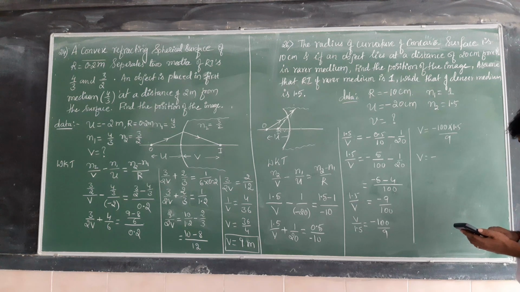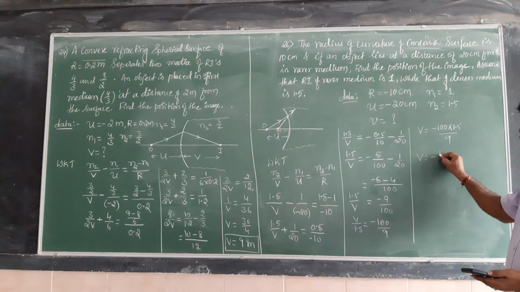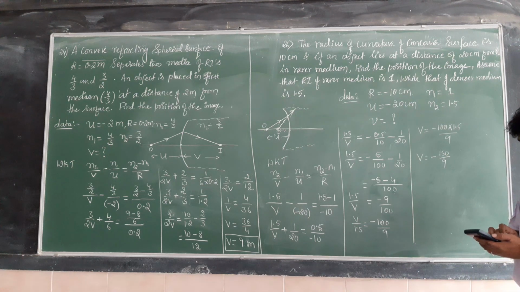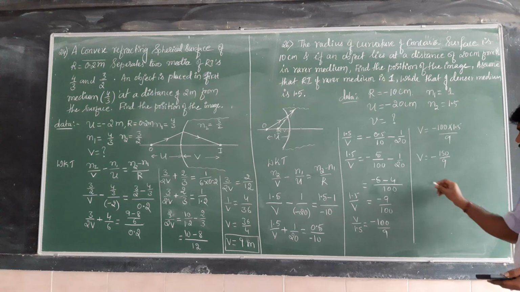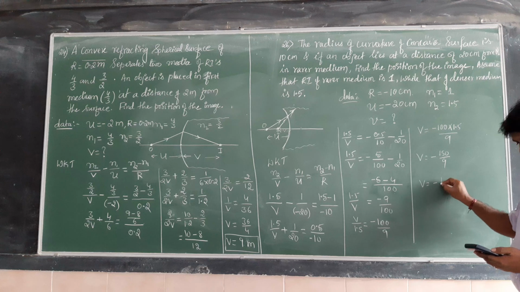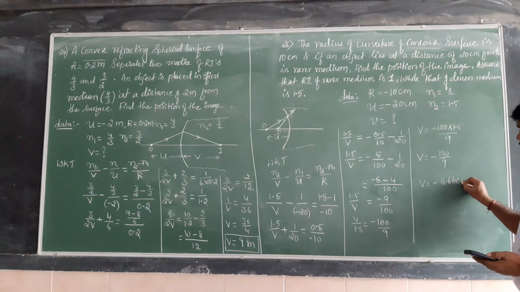1.5 into 100, you know that it is 150. 150 divided by 9, you are getting a fraction of v is equal to minus 16.666 centimeter.